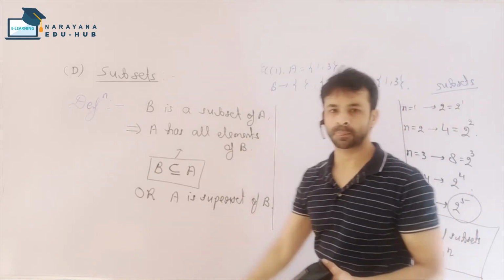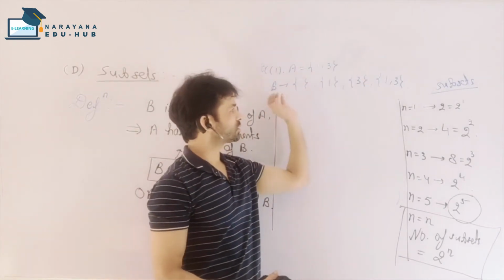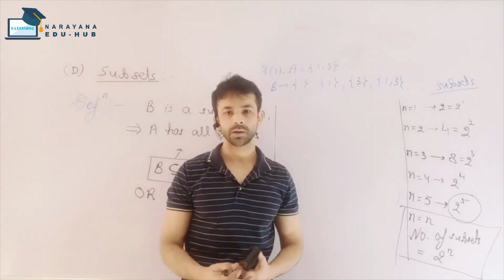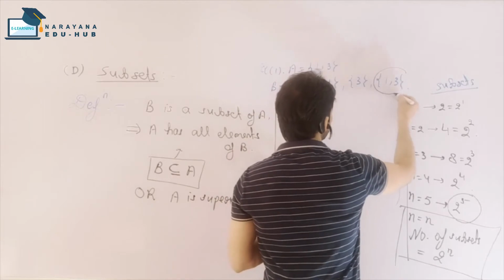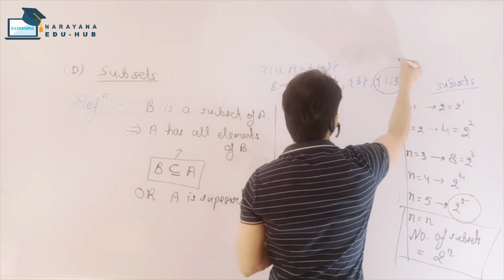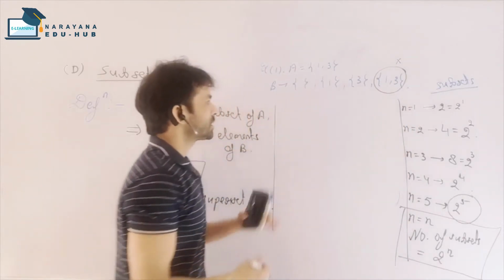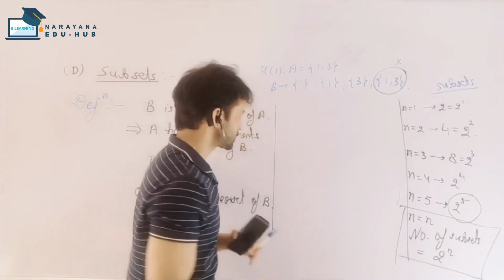We have seen these are all the subsets, because these are made out of the elements of A. If I leave out the set A itself, then the rest of the subsets are called proper subsets.